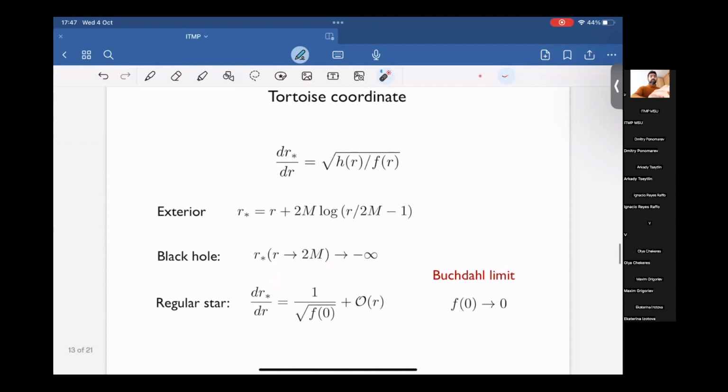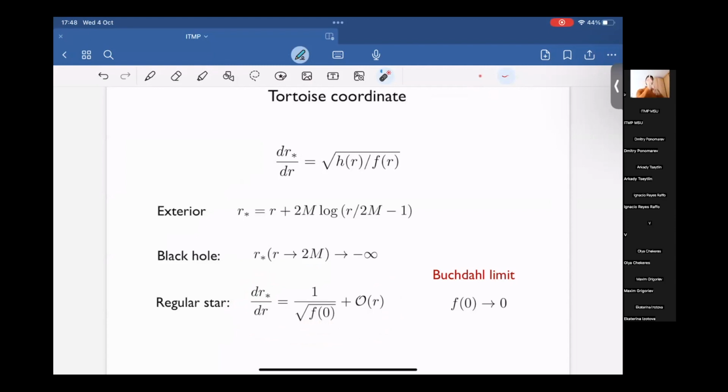The observation is that the same thing happens, not for black holes, but for stars that are approaching the Buchdahl limit. Because in those cases, as I just said, the lapse function determines the behavior of the tortoise coordinate close to the origin, where the leading term goes as 1 over the square root of the lapse function at the origin.